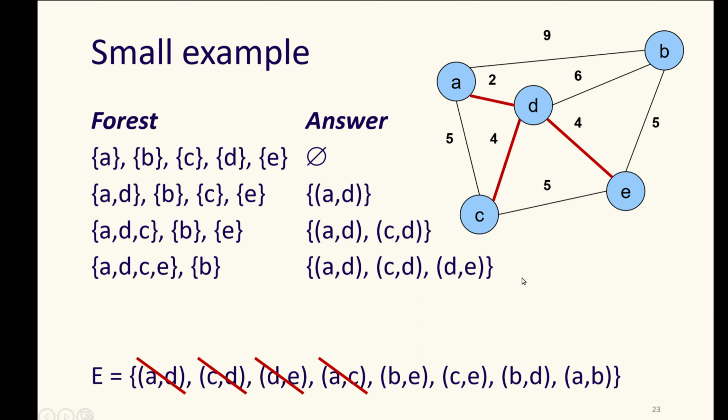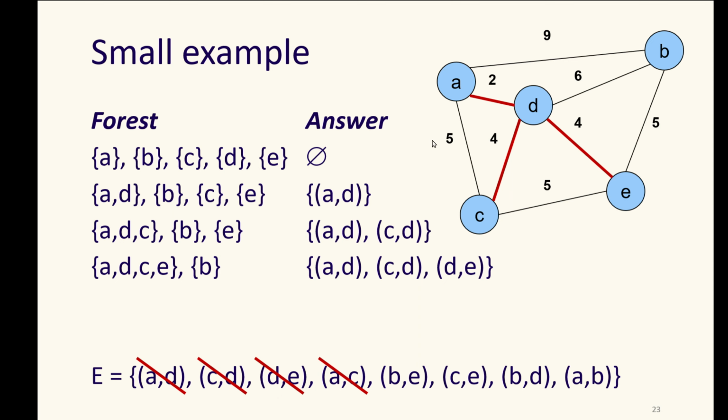Now, what if we encounter an edge like AC, where A and C are already in the same tree? So we know there's already some connection between A and C. It's an indirect one here, but we used minimum cost edges to build that already. So there's no need to worry about this AC edge.